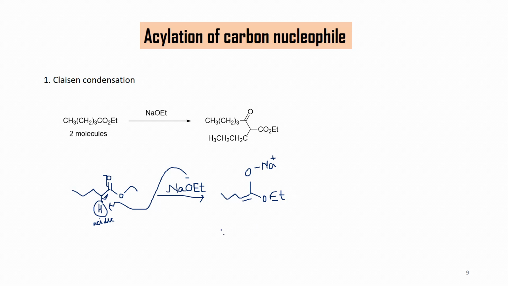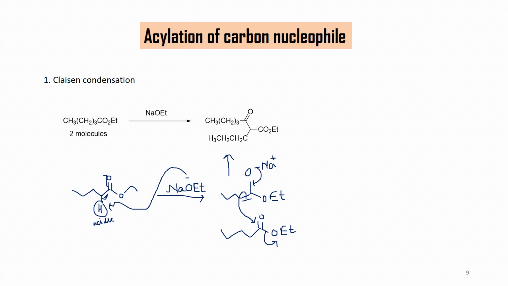So if you draw another molecule of this compound, this goes here, it will react with the ester center of the other molecule, and this gets removed and we get our desired product. So this is called Claisen condensation reaction.